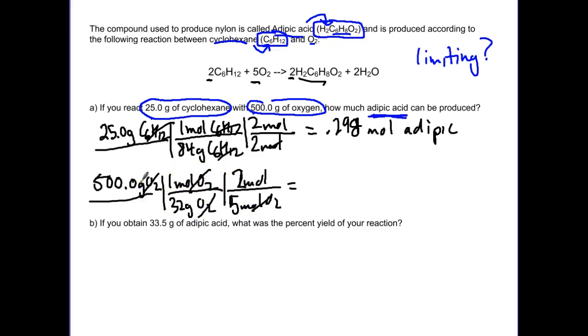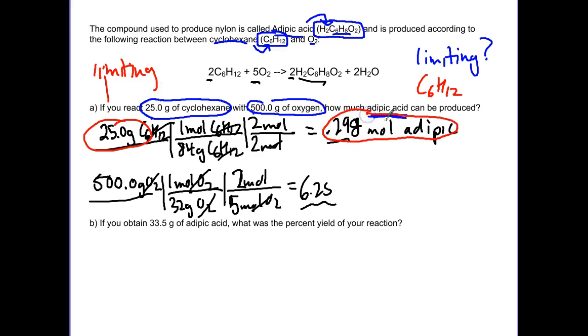So this is going to be 500 divided by 32, times 2 divided by 5. It's about 6.25. Okay, so that number is way, way bigger than 0.298. So my limiting reactant is going to be my cyclohexane. This is my limiting, which means this is the maximum amount of product that can be made.